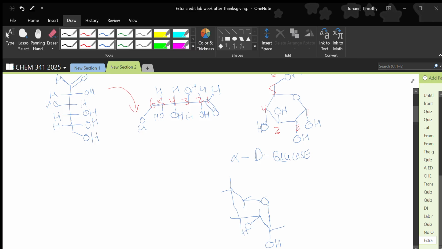My 3 position, let me number these again: 1, 2, 3, 4, 5, and then 6 is going to be out here. My 3 position is definitely up, which is not down. My 4 position is definitely down, which is not up.